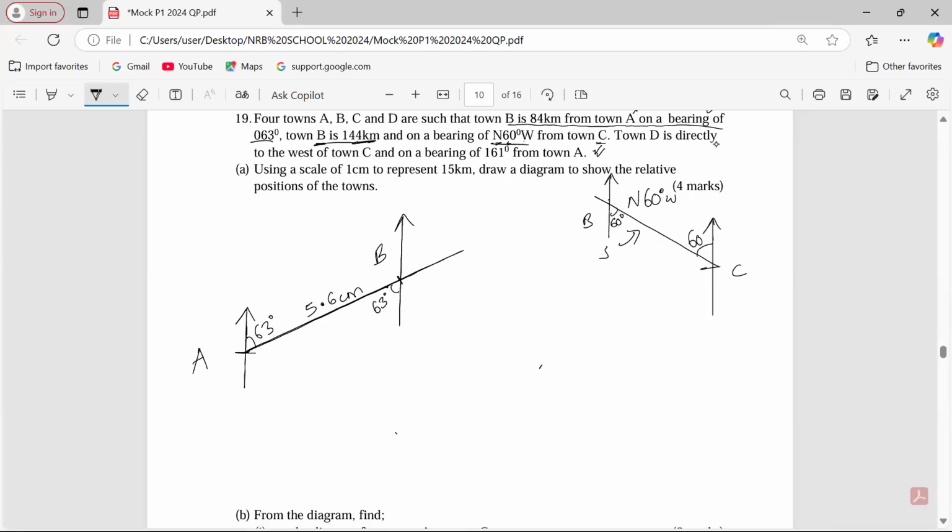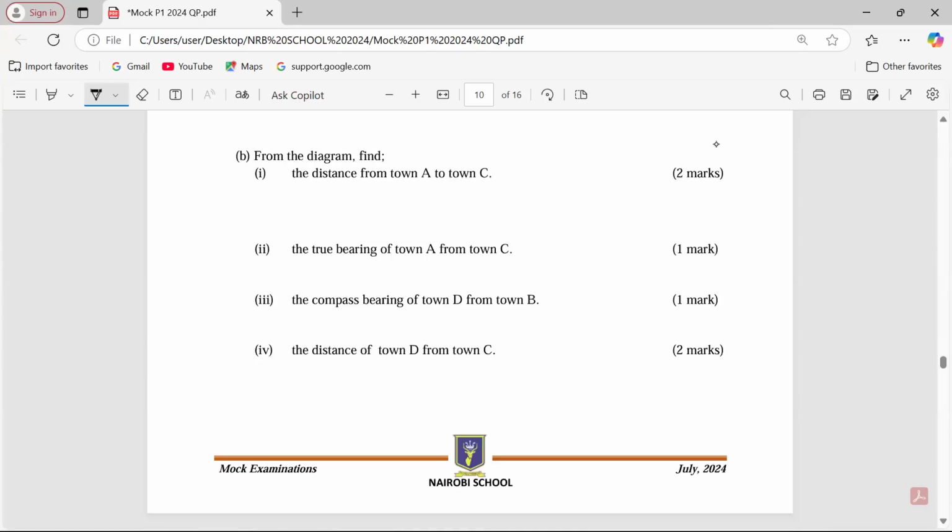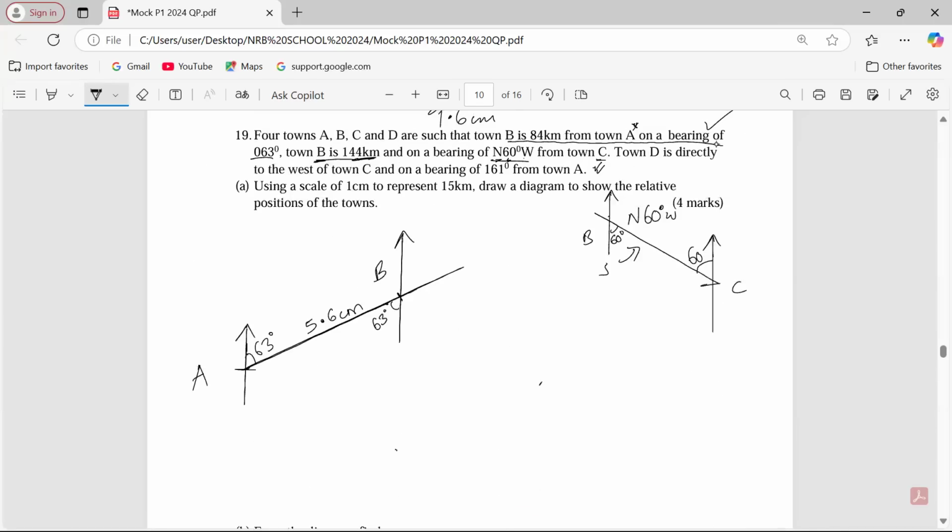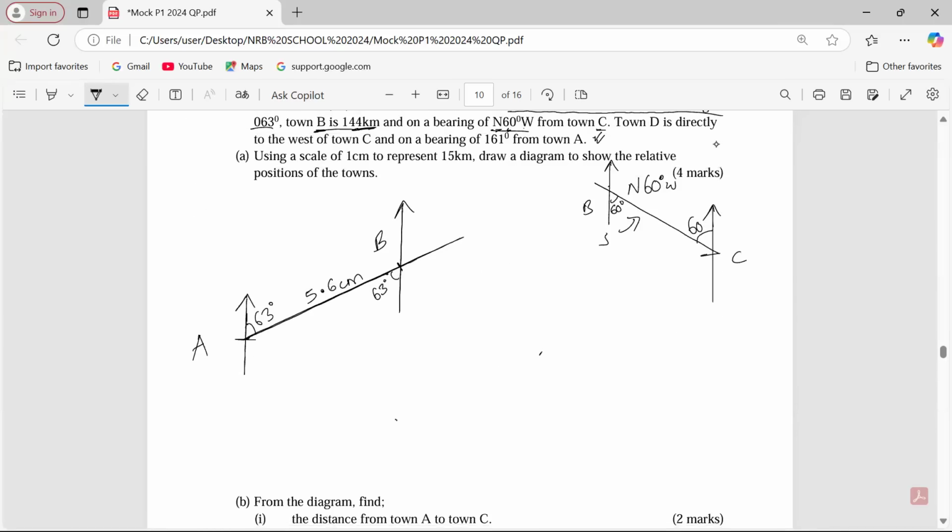So we measure 60 and we draw a line there, a very smooth line.